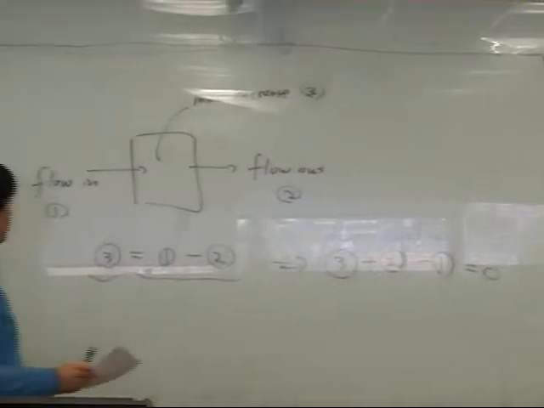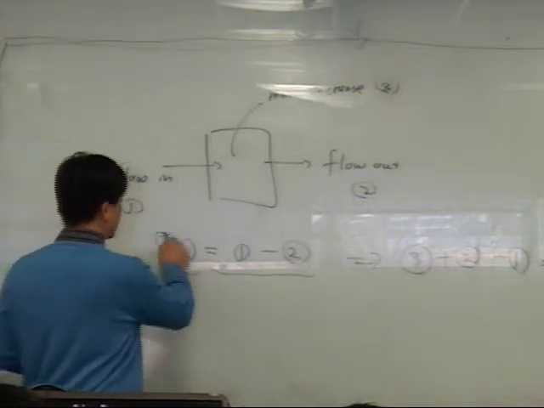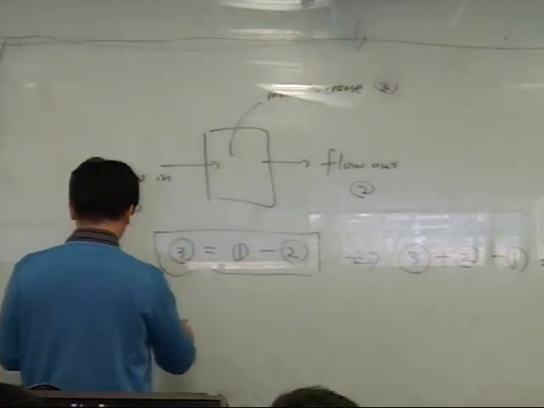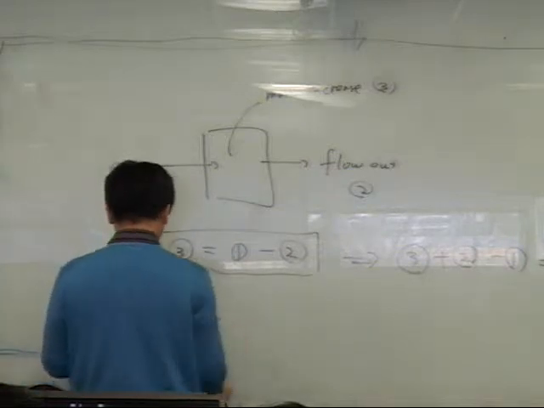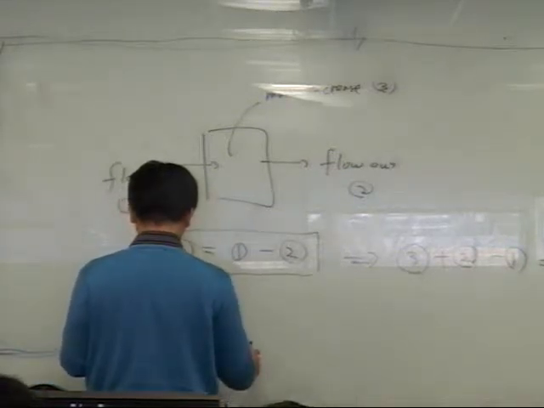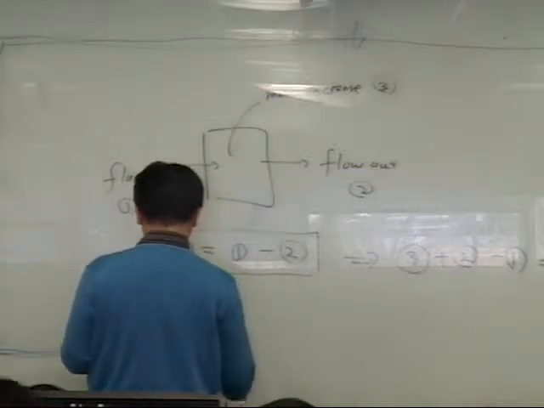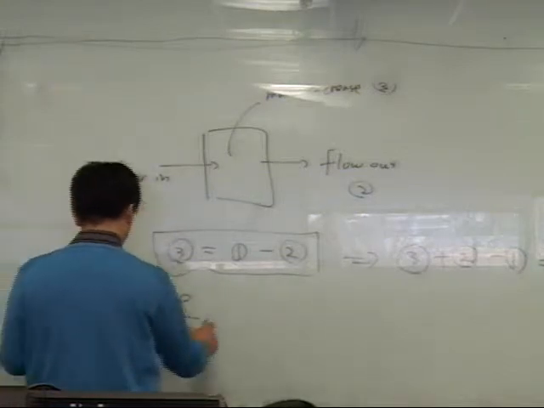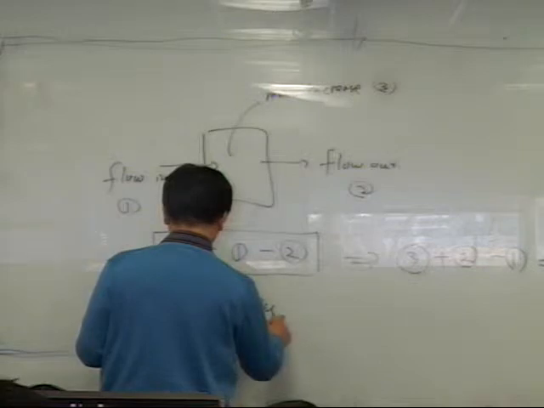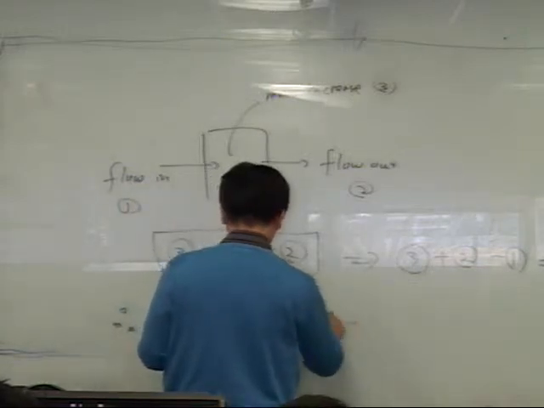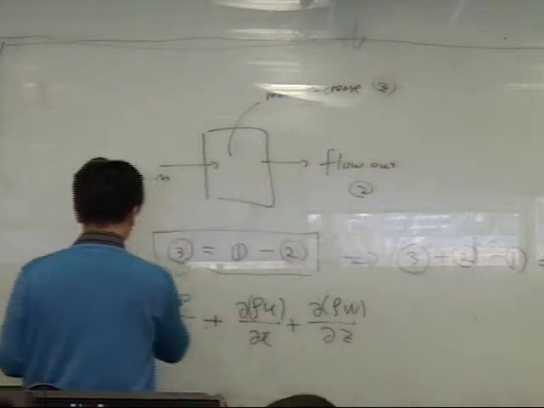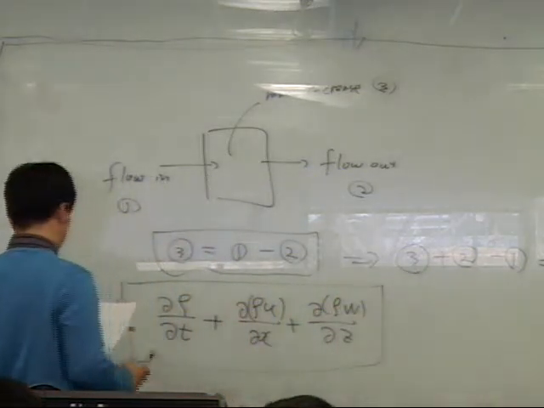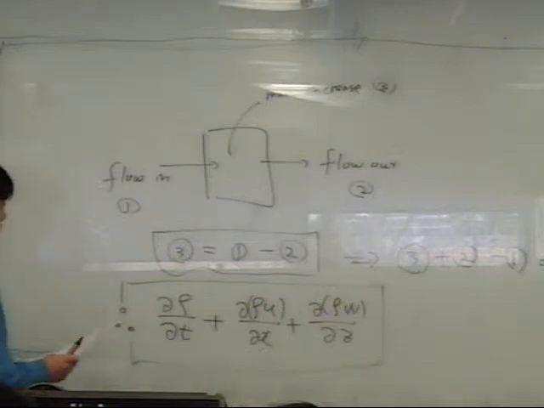So then if you take this, we're going to have a result: partial rho partial t plus partial rho u partial x plus partial rho w partial z equal 0.